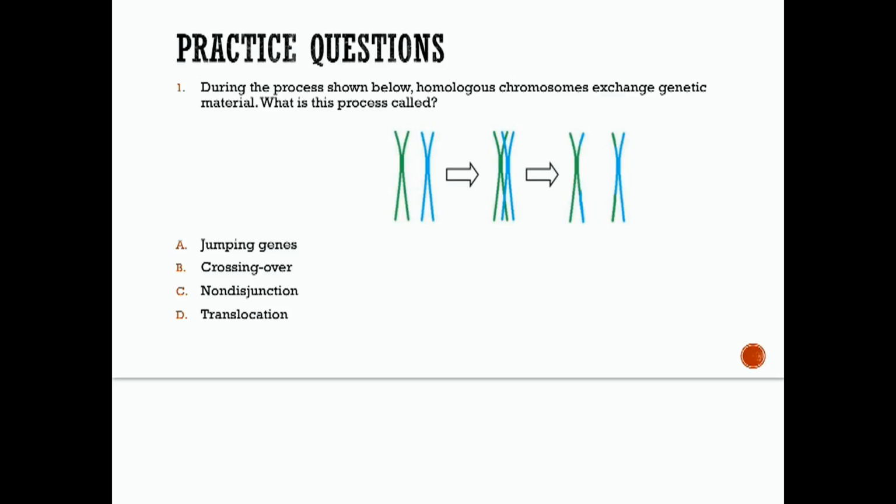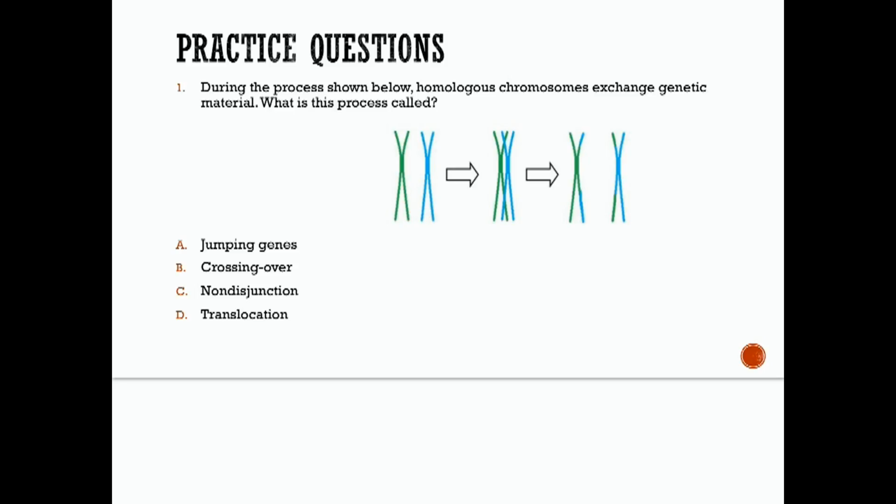So homologous chromosomes contain the same genes, but they do not necessarily contain the same gene sequences. So, for example, a homologous chromosome pair might both contain the gene for eye color, but one chromosome may have the gene sequence for blue eyes, while the other chromosome may have the sequence for brown eyes.